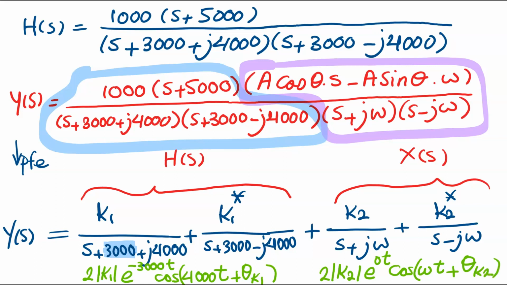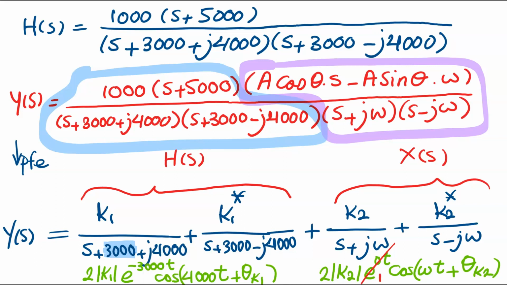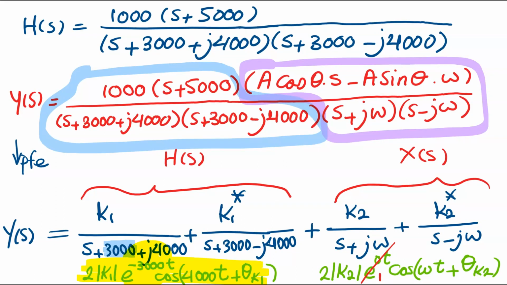So here I don't have any real part in my root. Because of that, e^(at) is going to be e^(0t), so basically this term is just equal to 1. Now you can easily see that the first term is the transient response because of this e^(-3000t), and the second term does not have any dying factor.